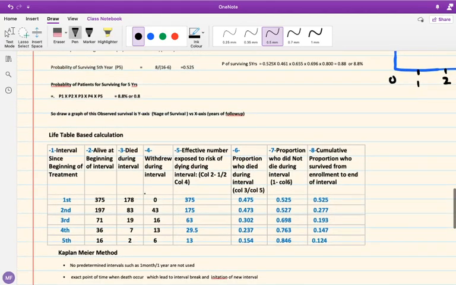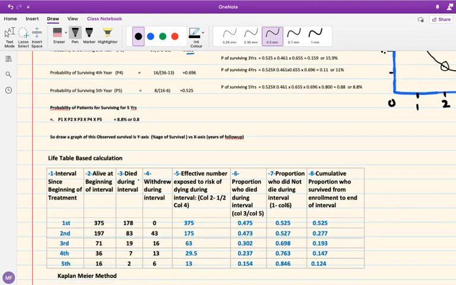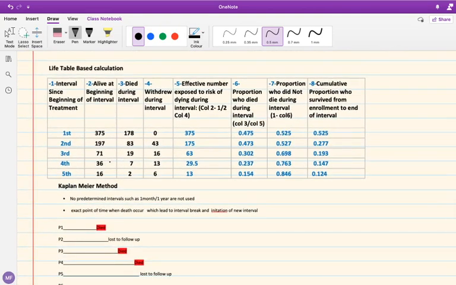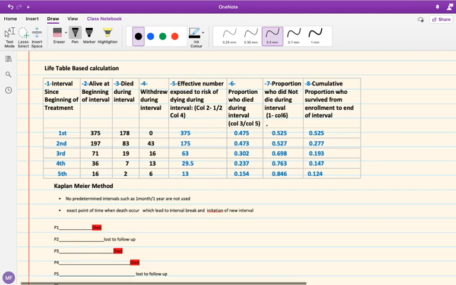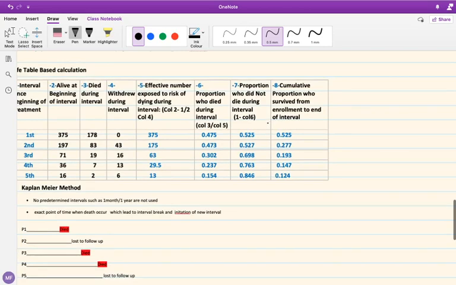Now, in addition to that, another way to calculate these findings is life table based calculation. Don't get scared of this table. This table is in continuation to the previous one.